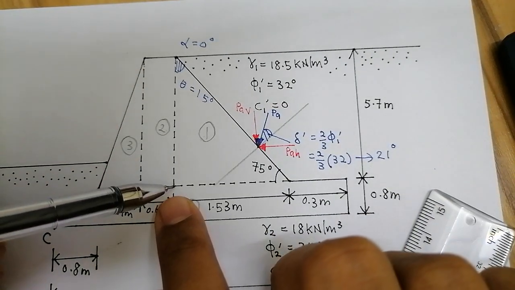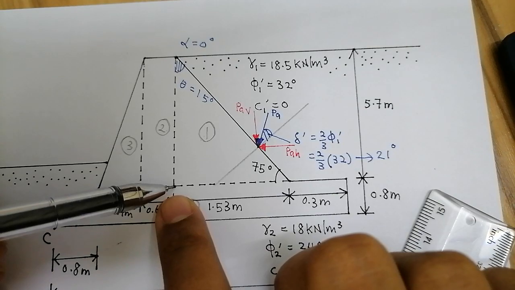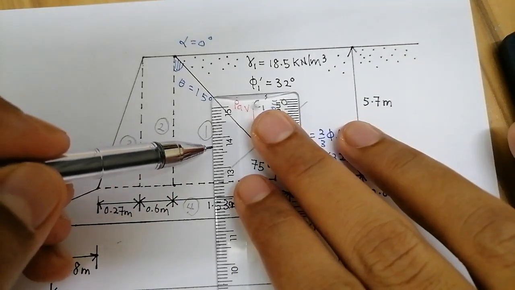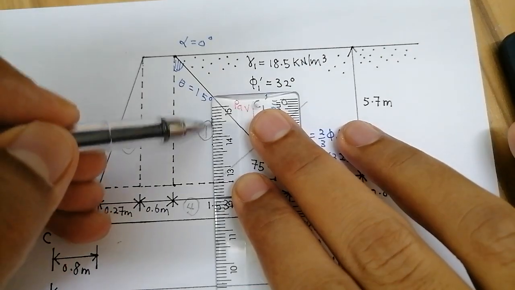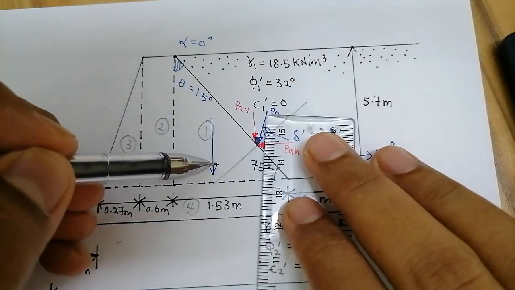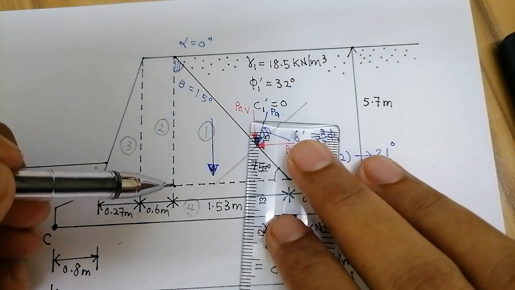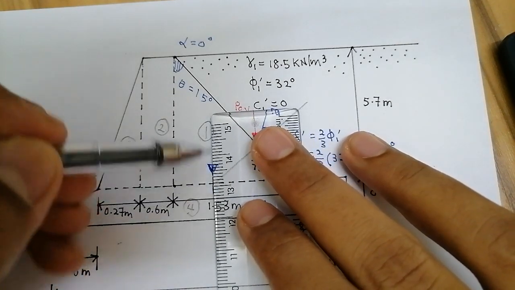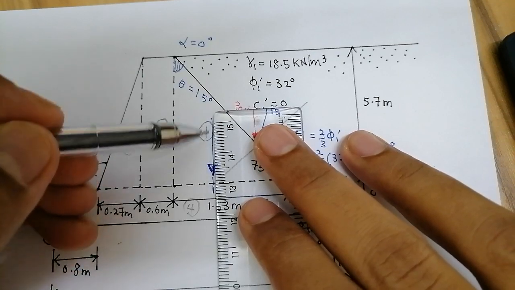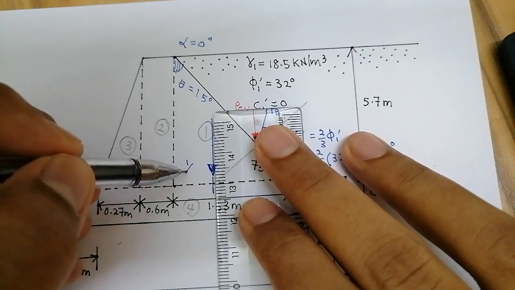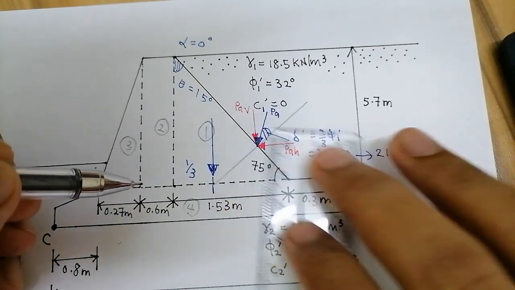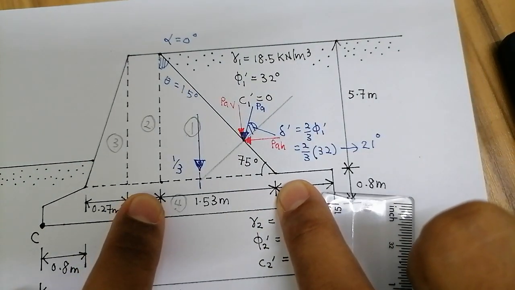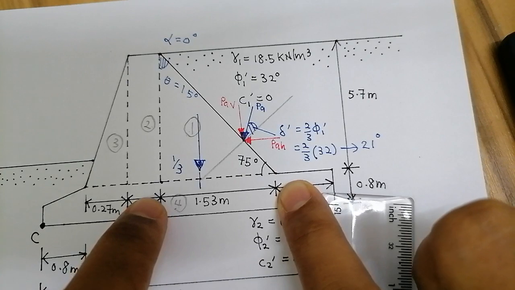If you calculate from here, okay, to here, it will be, okay, this is the weight that we calculated just now. If you calculate from here to the centroid, so let's assume this one is the centroid, it is 1/3 from the total width of your triangle, 1/3, okay.